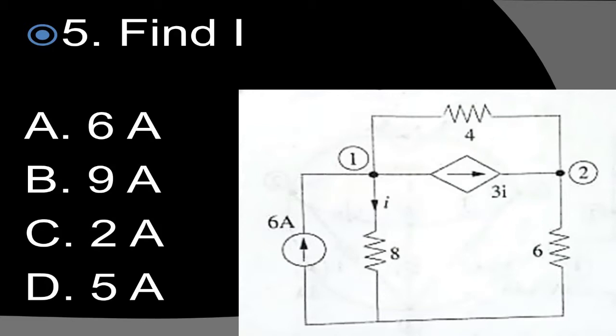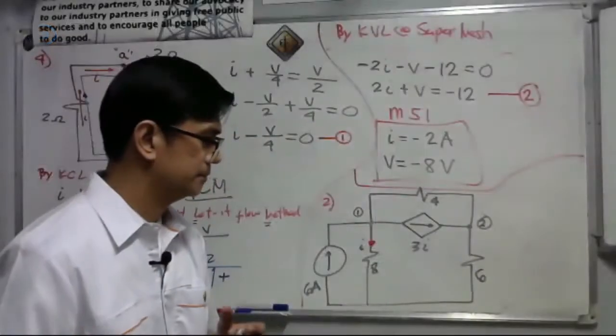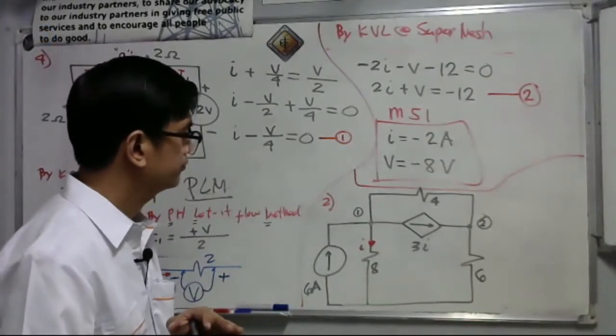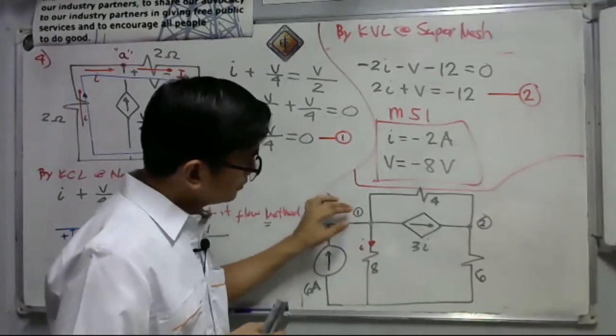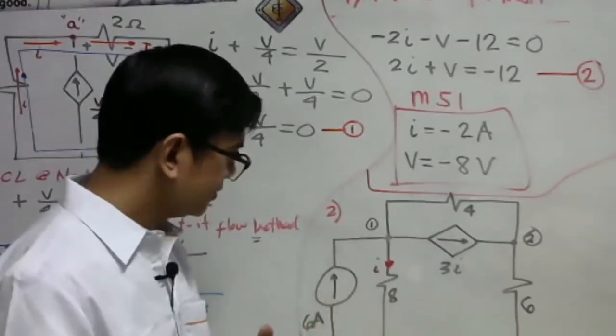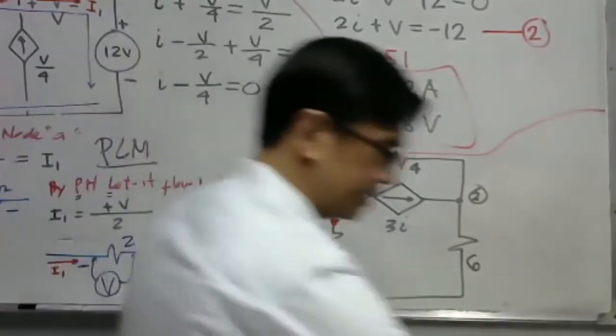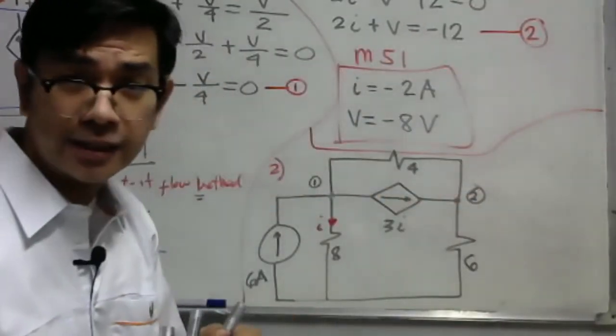So we have here 2 nodes, node 1 and node 2. Basically, we have to introduce a voltmeter here.